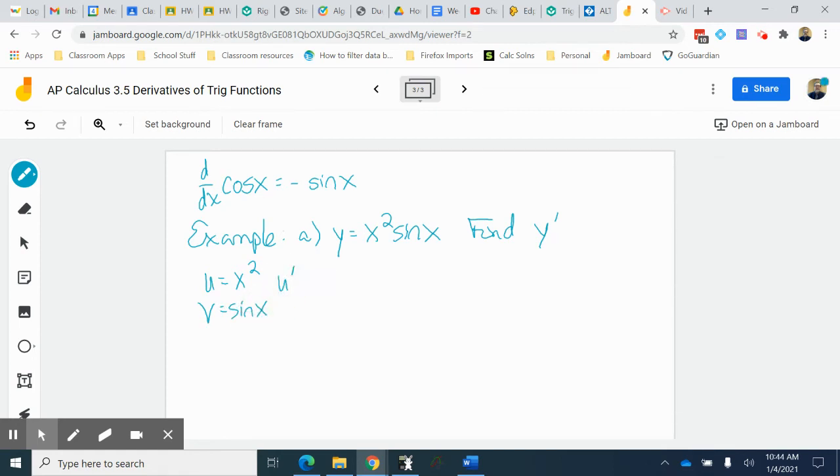The derivative of u with respect to x is 2x using our power rule. The derivative of v with respect to x is just cosine. We just proved that. And so the derivative of y is u dv, x squared cosine of x, plus v du, 2x sine of x. Pretty straightforward and simple.